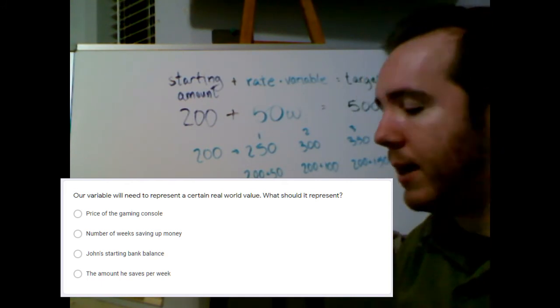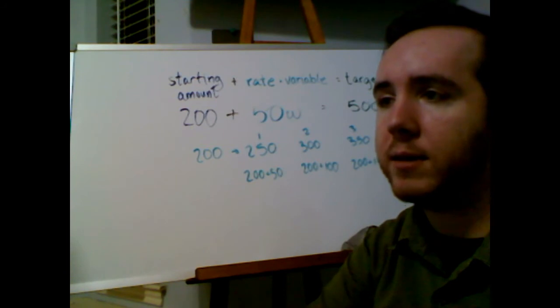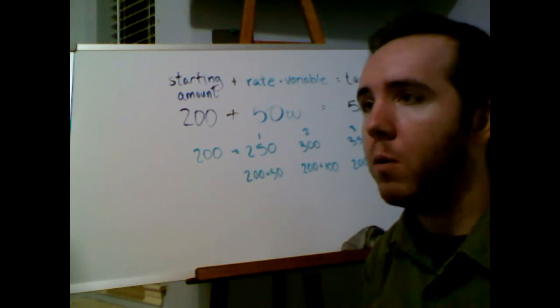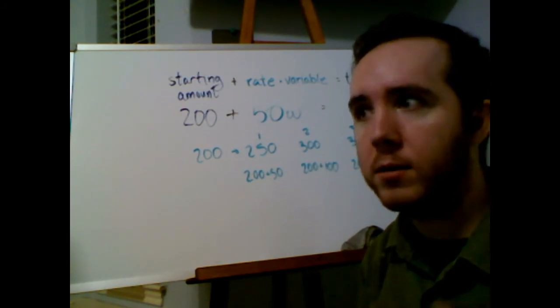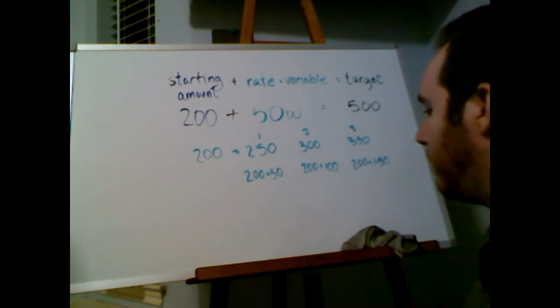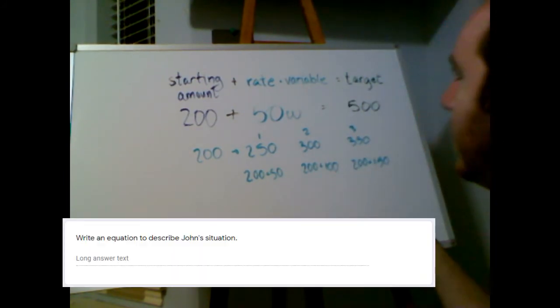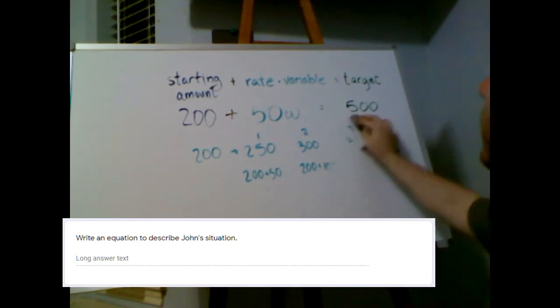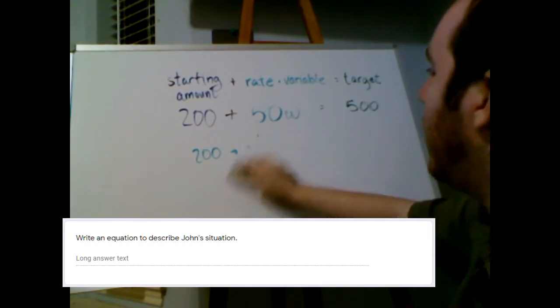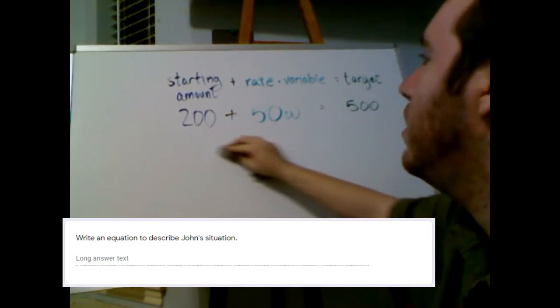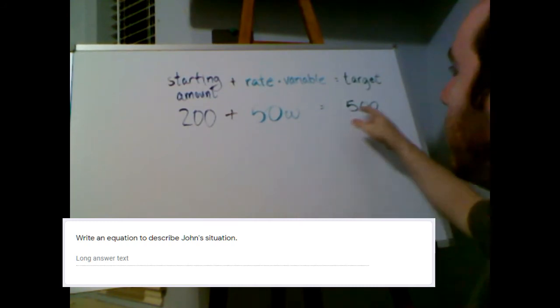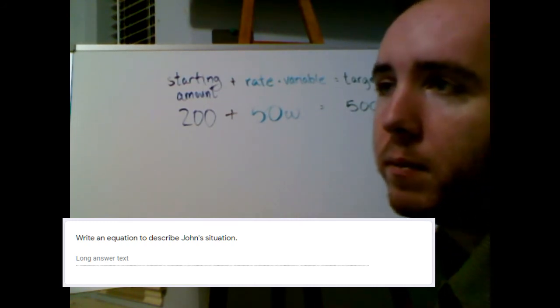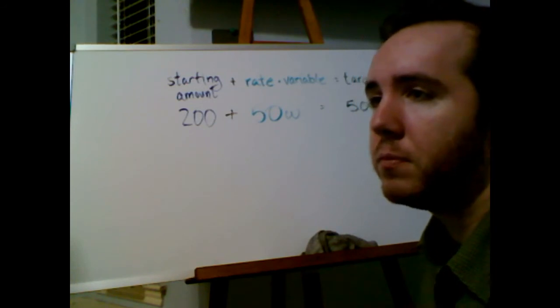And lastly, not lastly, there's a few more things we need to do. Write an equation to describe John's situation. And if you'll look, we've already done exactly that. Our equation is 200 plus 50W equals 500. That is our equation.